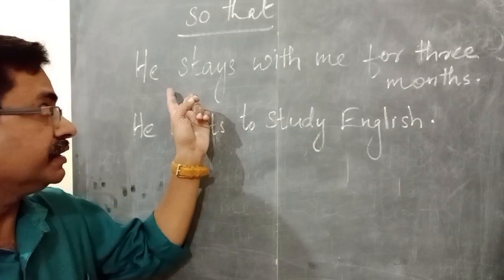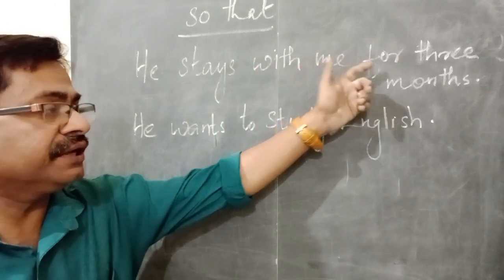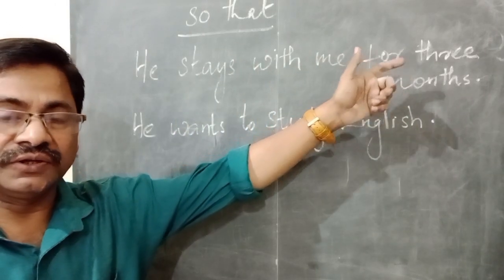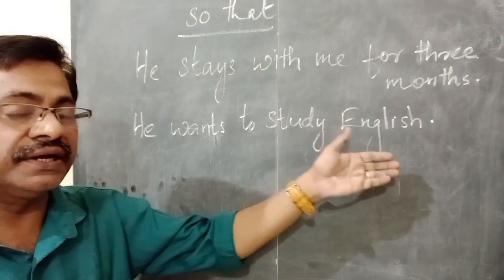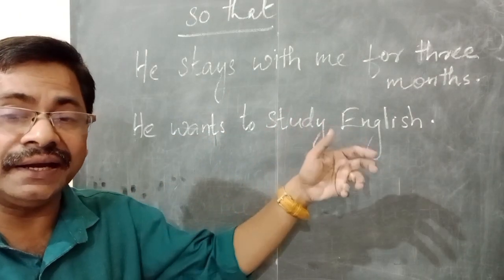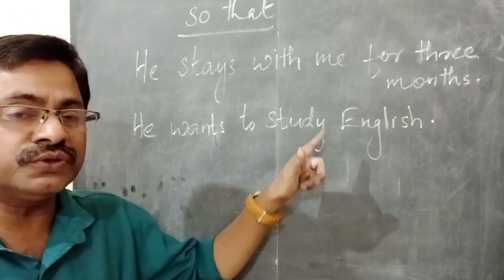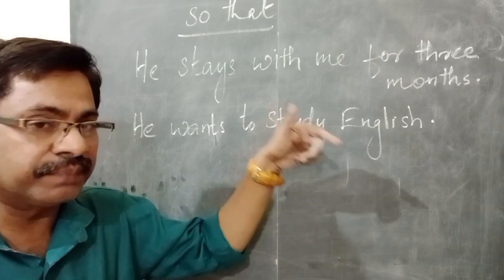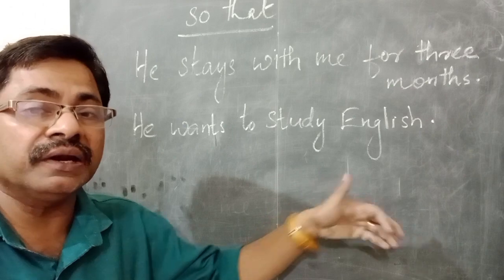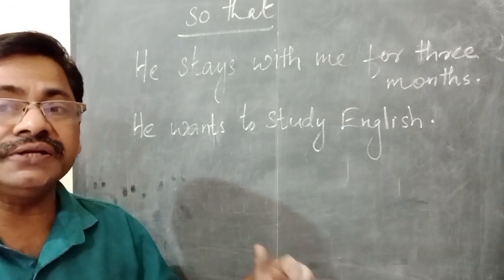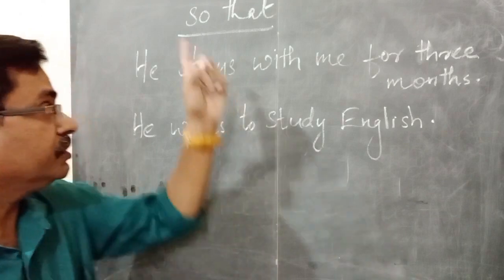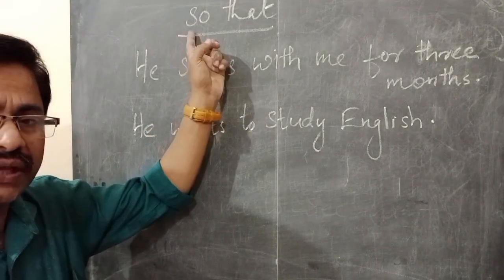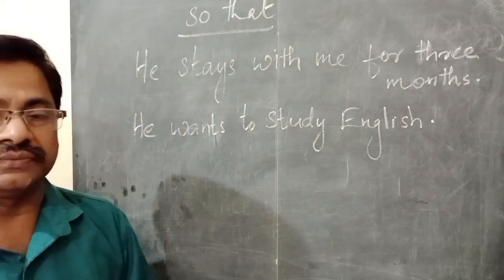So here he stays with me for 3 months. What purpose? He wants to study English. In order to learn English, this is the purpose. His purpose is to learn English. So in order to learn English, he stays with me. That is, this so that indicates purpose.